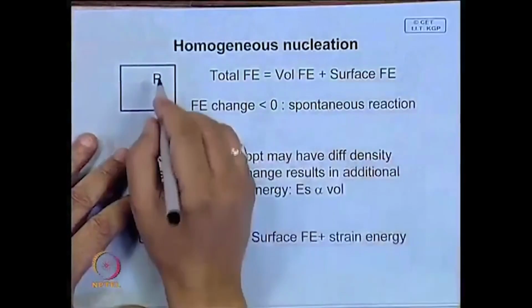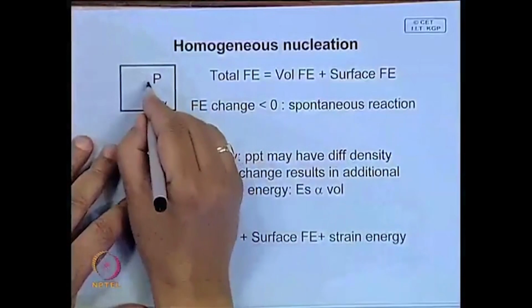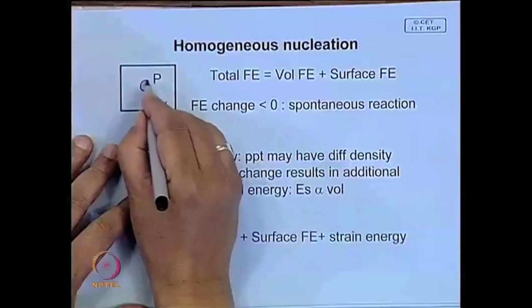Now, let us see the process of precipitation formation in a little more detail. Let us look first at homogeneous nucleation. Assume a precipitate is forming, which I just mentioned right in the beginning of the class. This is an alpha grain and here you have a precipitate forming.